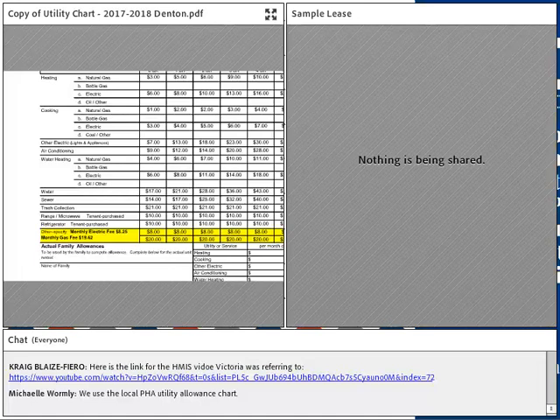If your participant rented a unit that came with neither a stove or a microwave, then they would get a $10 monthly credit for installing one of those items in the unit.